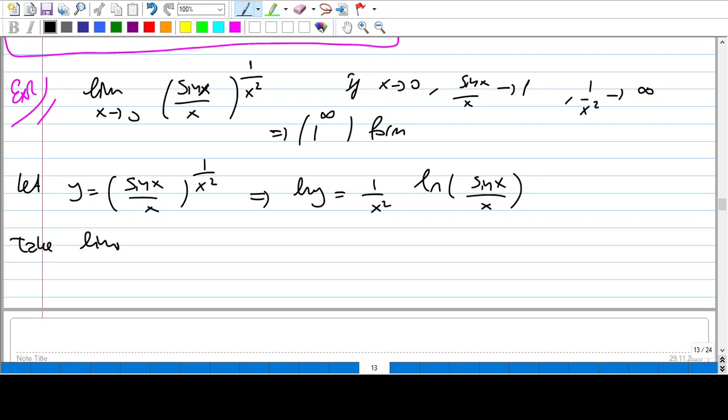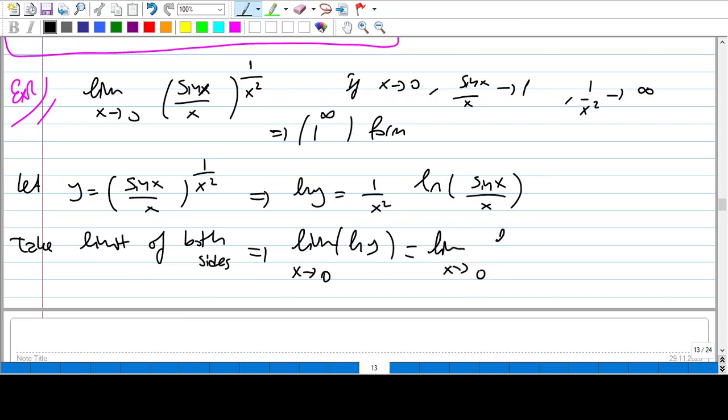This will give us the limit of ln y as x approaches 0, in this question, will be equal to the limit as x goes to 0 of ln of sine x over x, over x squared.